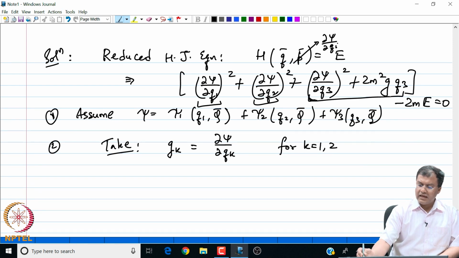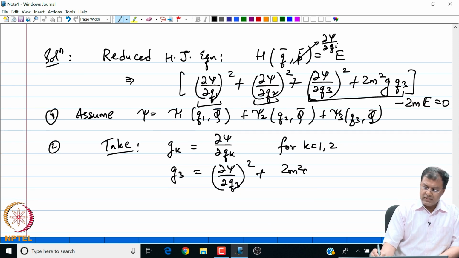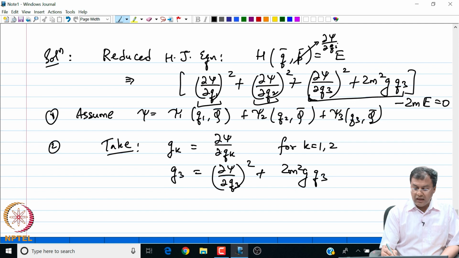So, I take my g3 to be del psi del q3 square plus 2m square g times q3. Note that I have not taken a square in g1 and g2, because even if I had taken a square, the solution involves gk set equal to the constant ck. So, we could have taken square roots. Taking the square does not matter in the first two components.